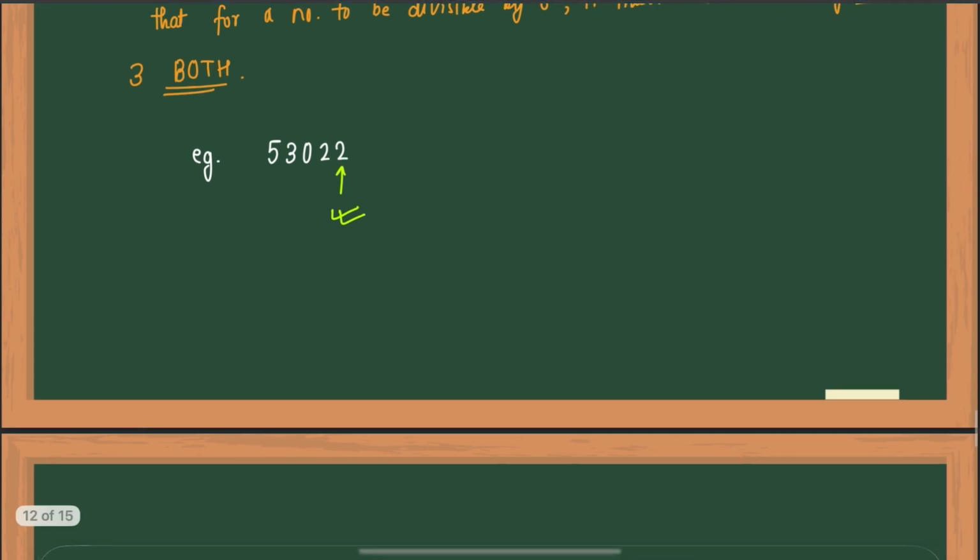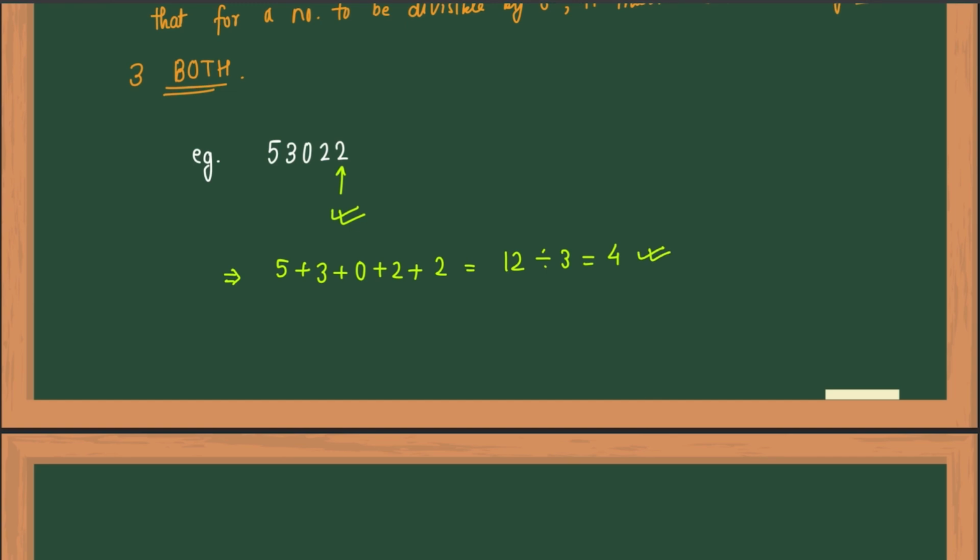Now what was the other rule regarding 3? The rule was that the sum of all the digits must be divisible by 3. Let us add them up. We are getting 12. So when 12 is divided by 3, we get 4. So yes, it is also divisible by 3. Since it is divisible by 2 as well as 3, we can say that as a whole, this number is divisible by 6.